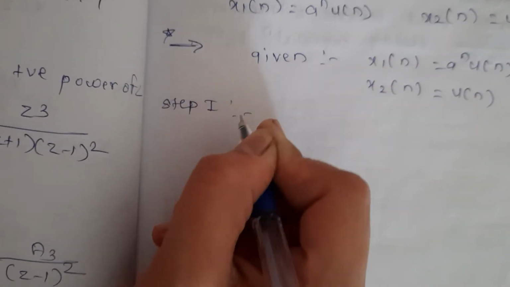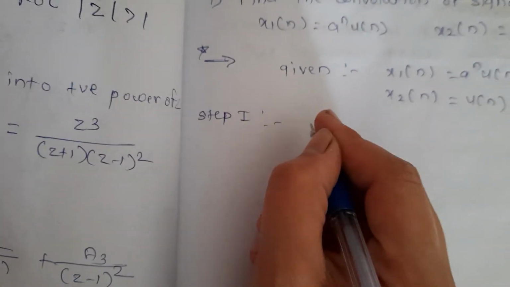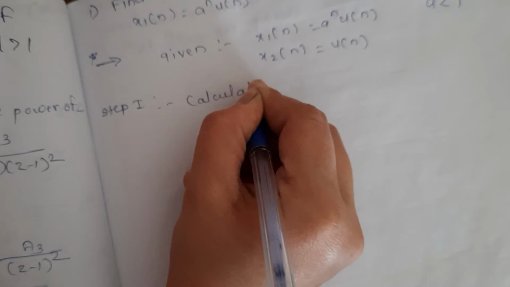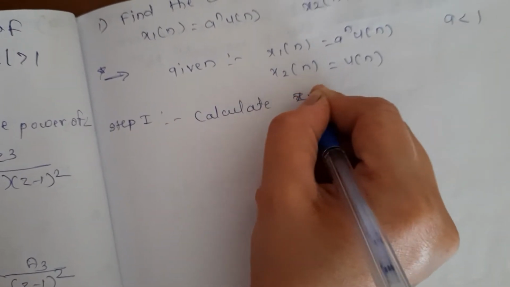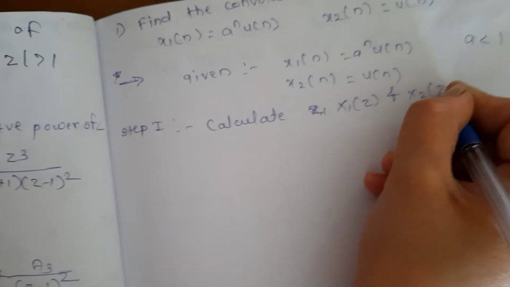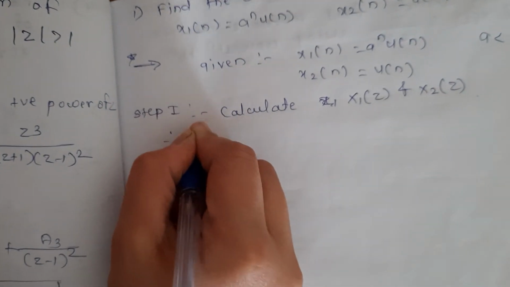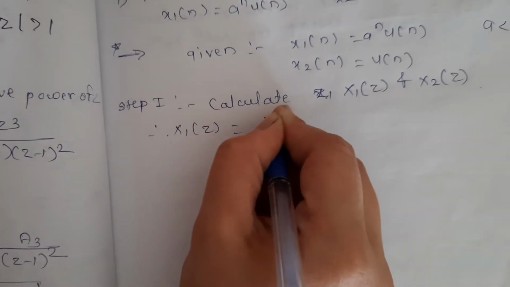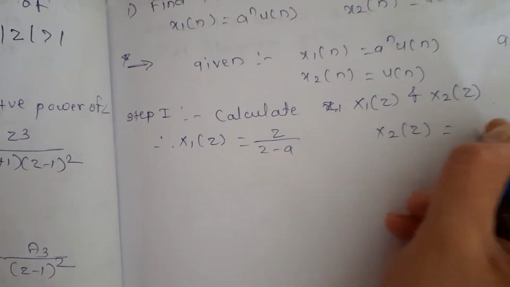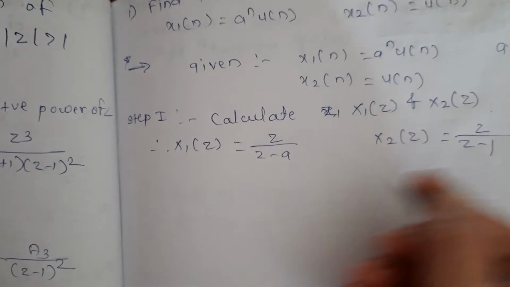Now step 1, calculation of X1(z) and X2(z). X1(z) is equal to z/(z - a) and X2(z) is equal to z/(z - 1).